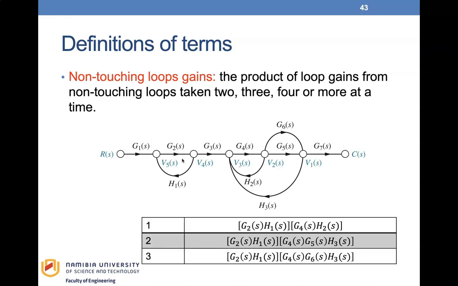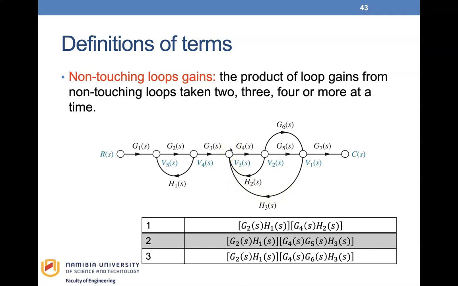So we have the product G2(s)H1(s) multiplied by G4(s)H2(s). The second one is G2(s)H1(s) multiplied by G4(s)G5(s)H3(s). The third one is the product of G2(s)H1(s) multiplied by G4(s)G6(s)H3(s).